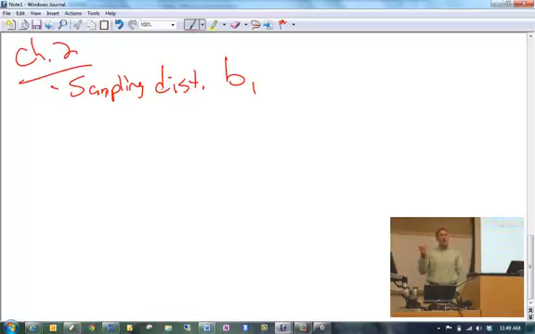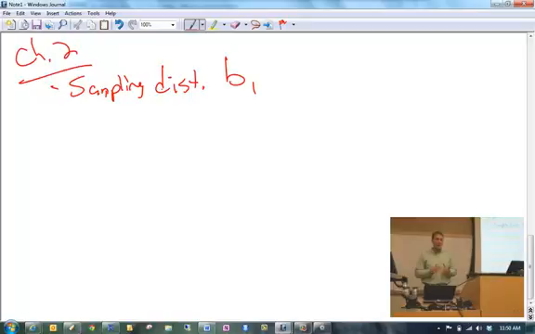The reason why it's so important is because this is what drives our ability to do any kind of inference. Because confidence intervals come from the fact of knowing what this distribution is. Hypothesis tests come from knowing what this distribution is. If we didn't know this distribution, we wouldn't be able to do inferences.